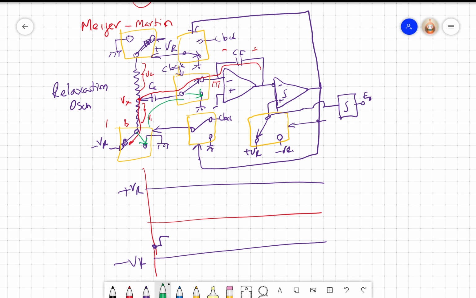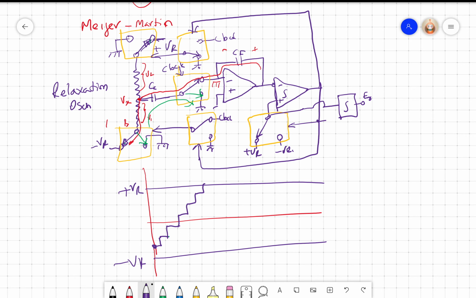So the current will flow and discharge CC. Once again, when the clock becomes 1, the old position, this will be here, this will be here, and this will be here, and the capacitor CF will gain another step. So this will go on till it reaches VR.